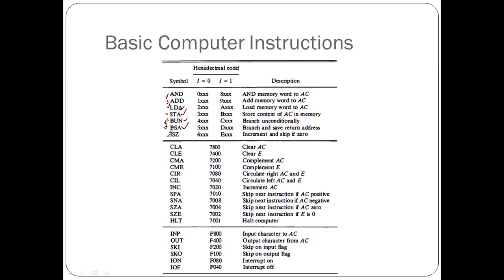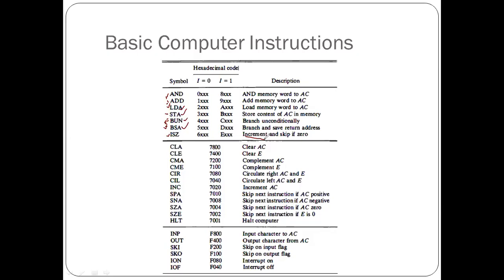Next, increment and skip if 0. This is one flag conditional status. We are incrementing a certain register, and if the contents are 0, then we skip and proceed to the next instruction. Here, the contents we are incrementing are specified in your memory location, not a register.